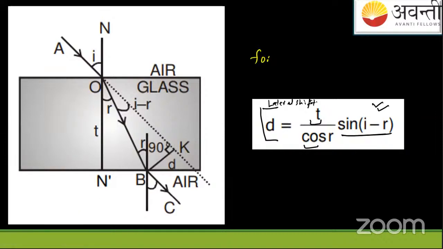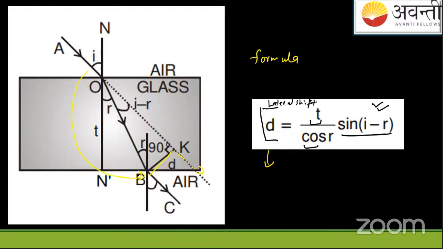Let me write the formula first of all. Let me explain how to apply this formula. This D is the perpendicular lateral shift of the incident ray, which has now shifted to this position from its initial direction.